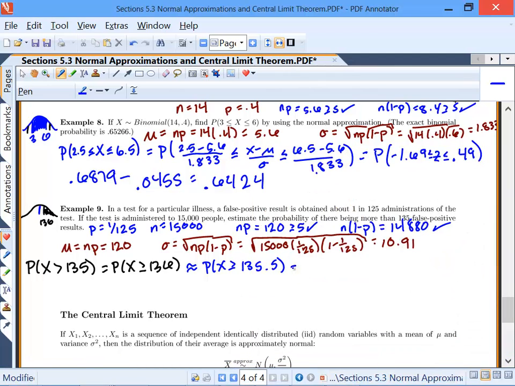So we need to go through and standardize. So minus the mean, divide by the standard deviation.